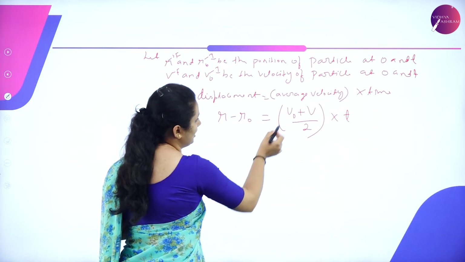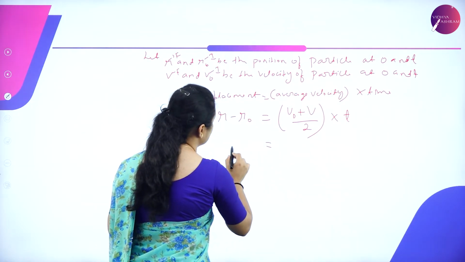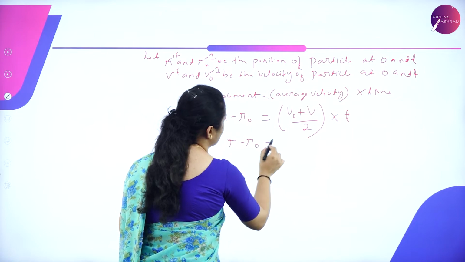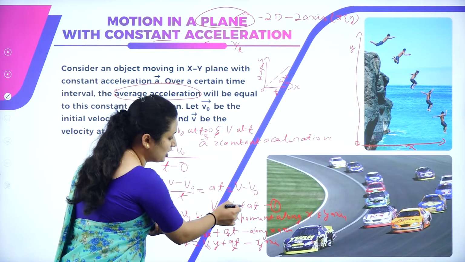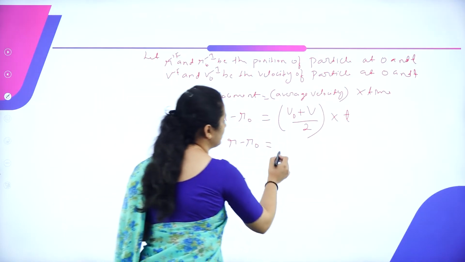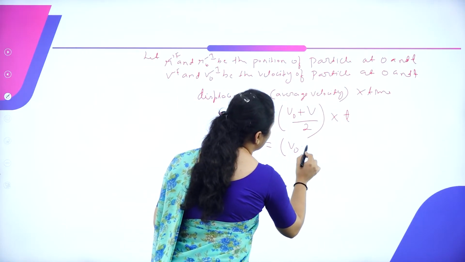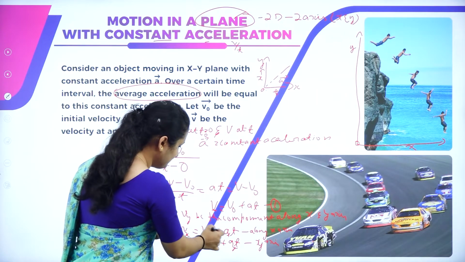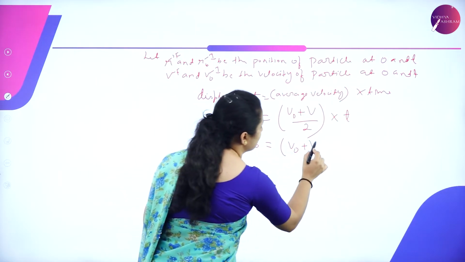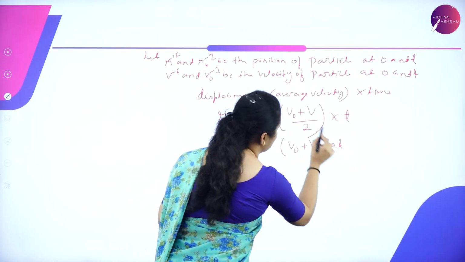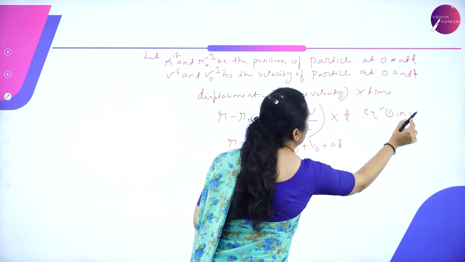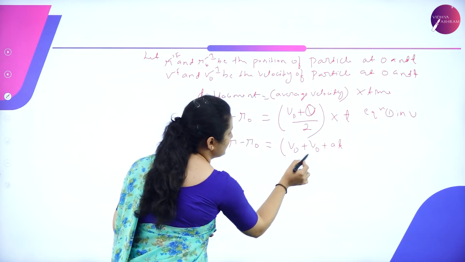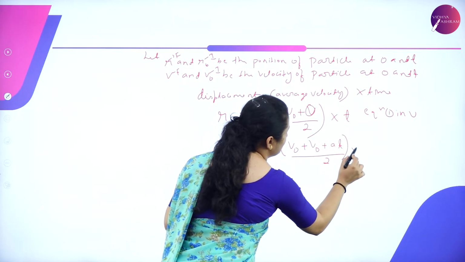So how will you find it now? r minus r naught is equal to, what is v here? v is equal to v naught plus at. Use equation 1 here. Substituting equation 1 for v, we get v naught plus v naught plus at, divided by 2, into t.